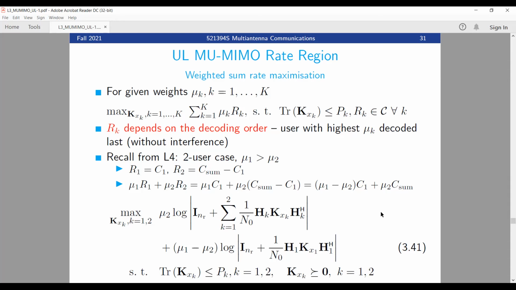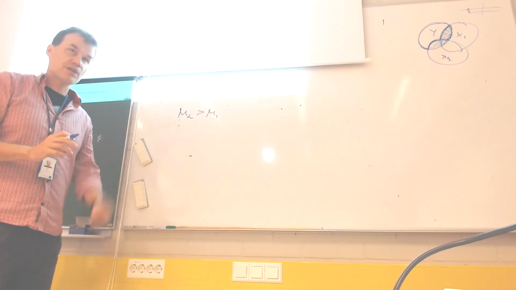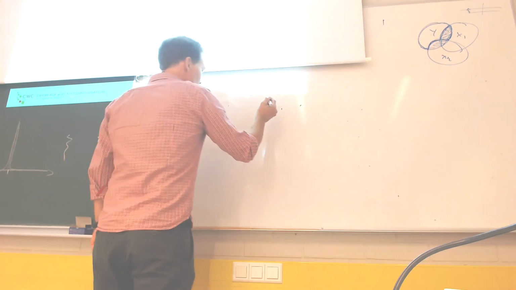The negative of concave would be convex, right? So it would not apply to the case where mu2 is larger than mu1. But then, if mu2 is larger than mu1, this means that user 2 is decoded last.